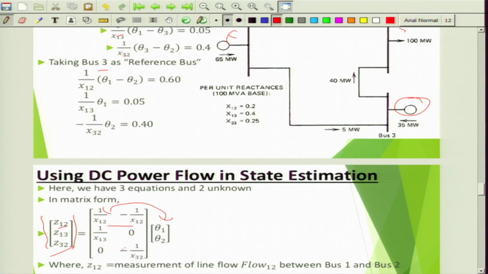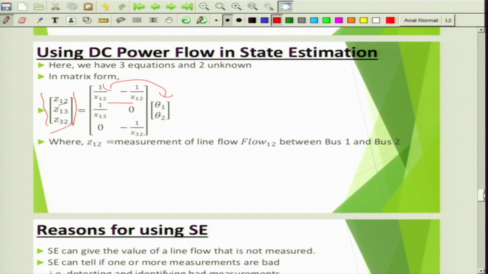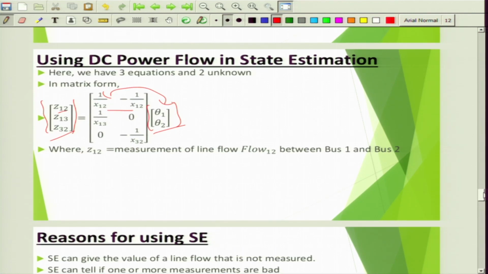Similarly you get Z13 and Z32. The objective is to find theta 1 and theta 2, the states. How do you find them? Again follow the previous procedure I gave. Find the gain matrix, the Hessian matrix, and you have the measurement matrix, and by these you find the system states.